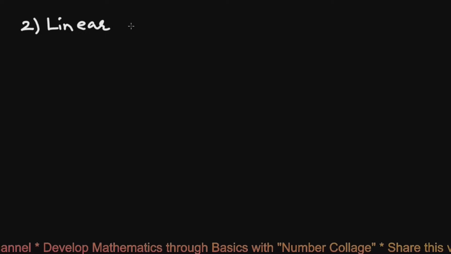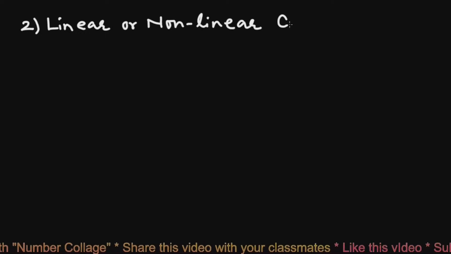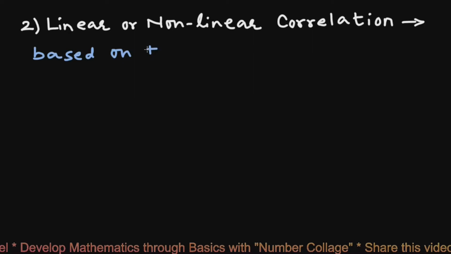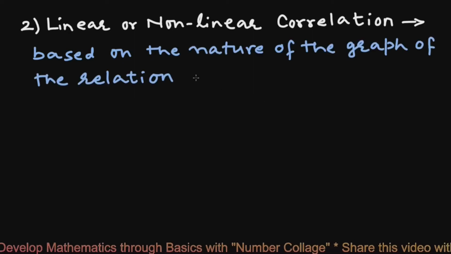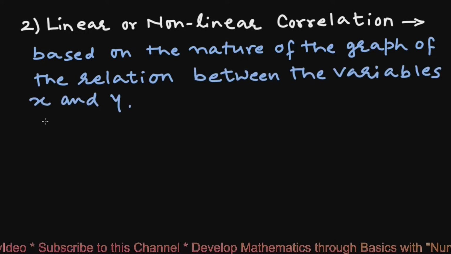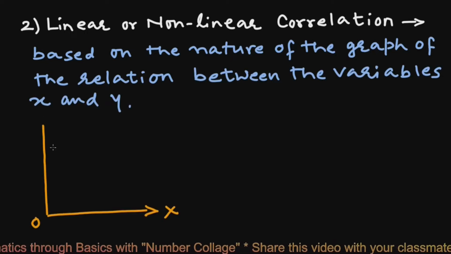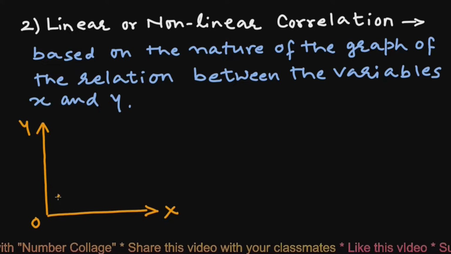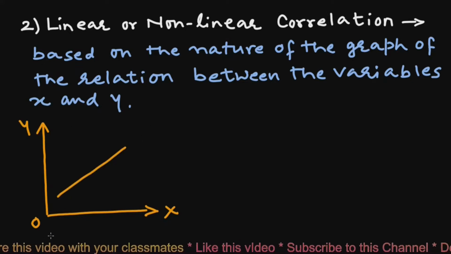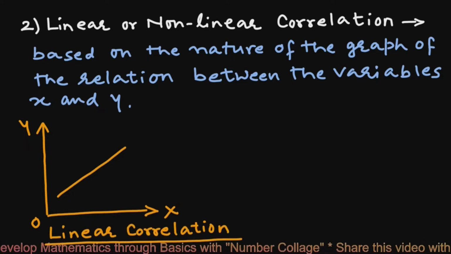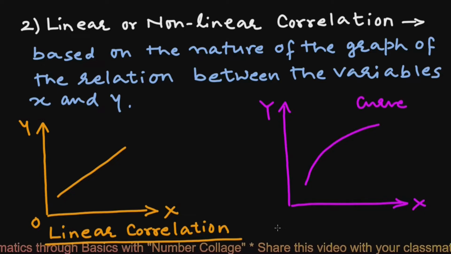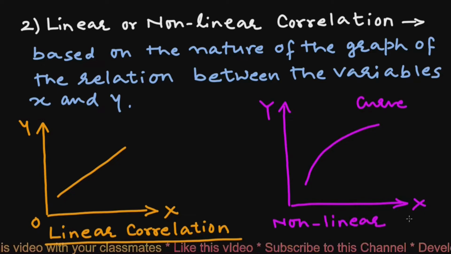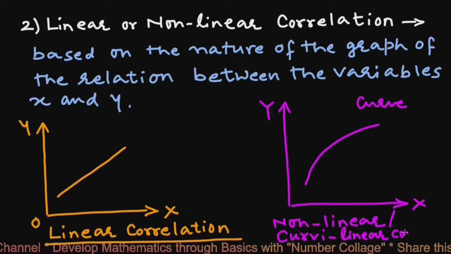The second type of correlation, which is linear or non-linear correlation, is based on the nature of the graph of the relation between the variables X and Y. In the graph of variable X versus Y, if the graph is a straight line, then the correlation is a linear correlation, and if the graph is not a straight line but a curve, then the correlation is non-linear or curvilinear correlation.